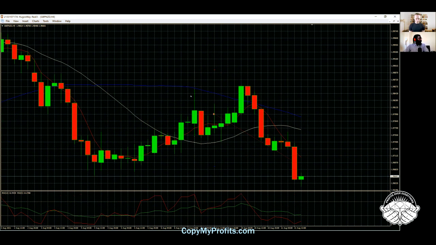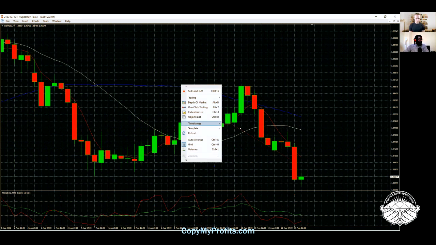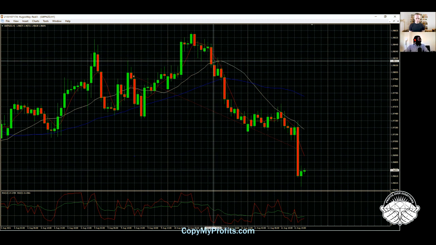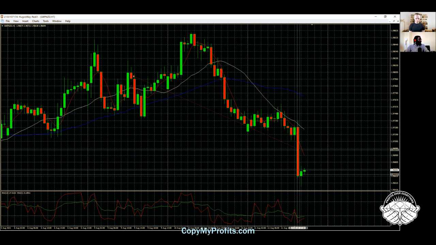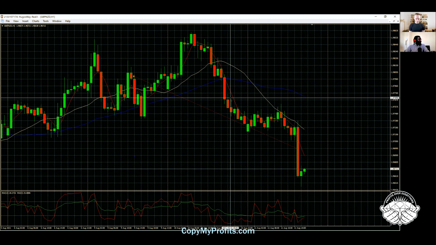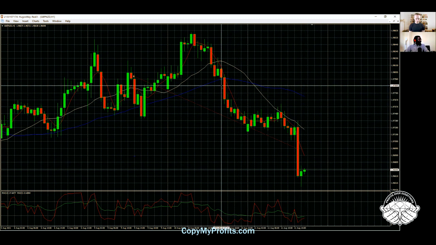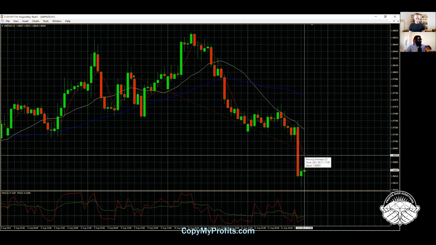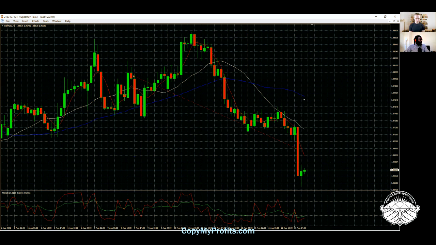Let me show you the 1 hour as well. On the 1 hour, you can see the crossover happened a lot sooner, and definitely did indicate the drop. It crossed the 20 first and then the 50 and then just kind of went to hell. You can see the gap between them is huge here as it's dropping heavily. And then this gap is becoming bigger under the 50 and the 20 with the 5 EMA.